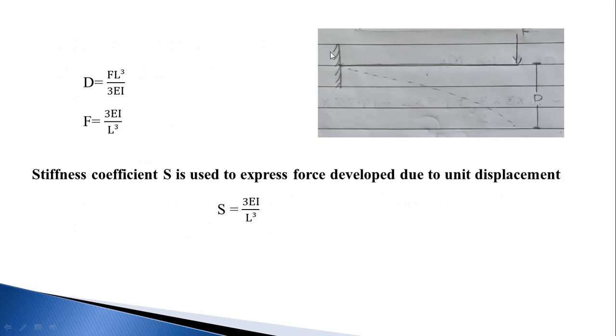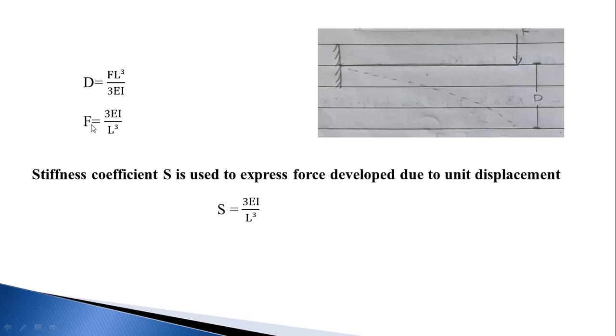So let us see, this is a cantilever beam with a point load F applied at the free end. Due to that point load, the beam deflects like this. So the deflection is D, equal to FL cube upon 3EI. Now consider the deflection D as a unit, that is 1.